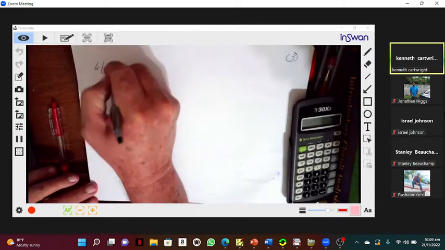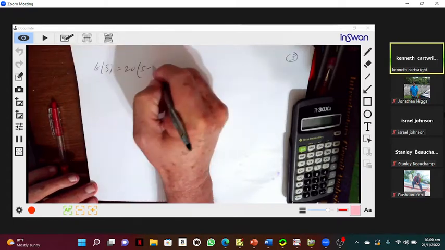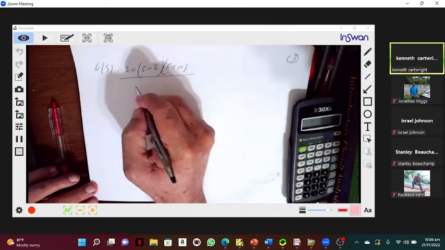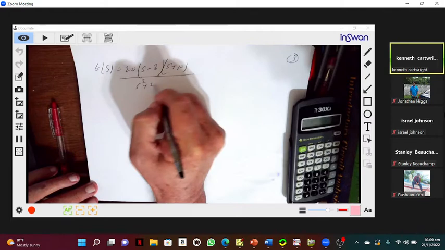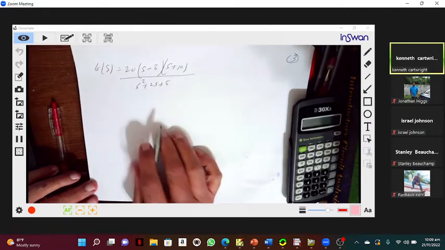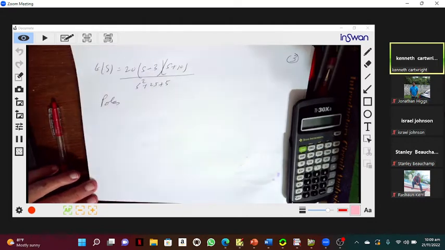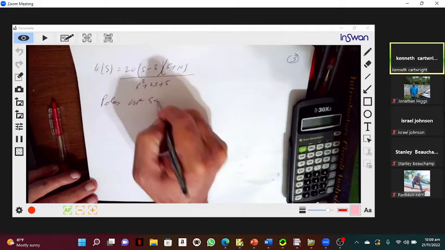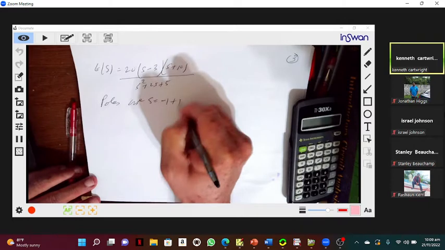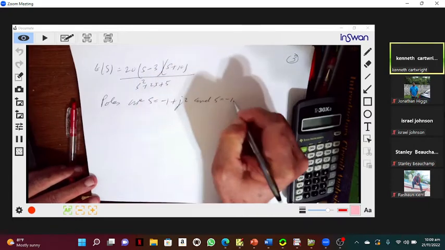So we had G of S equals 20 (S minus 3)(S plus 10) over S squared plus 2S plus 5. And we found out the poles are S equals -1 plus J2 and S equals -1 minus J2.